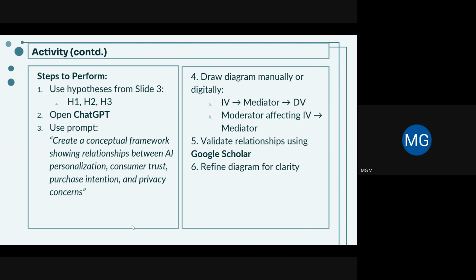Then you can draw the diagram manually or digitally. IV to mediator to DV, and the moderator affecting the IV. Then validate the relationships using Google Scholar and refine the diagram for clarity.